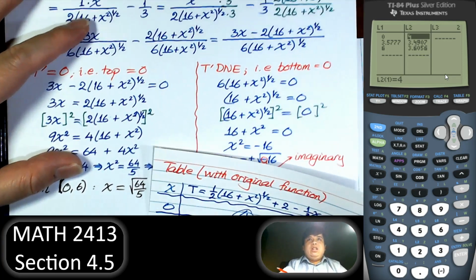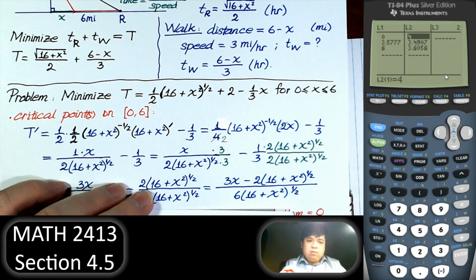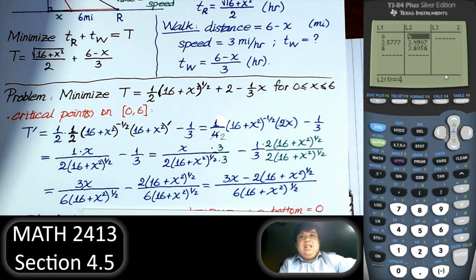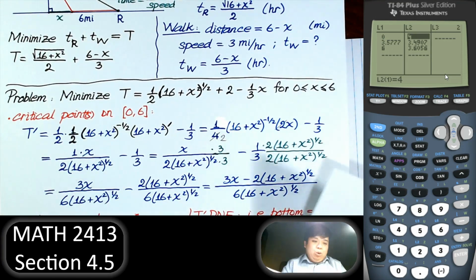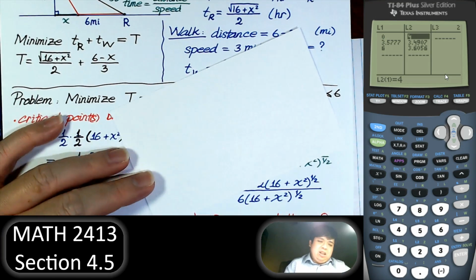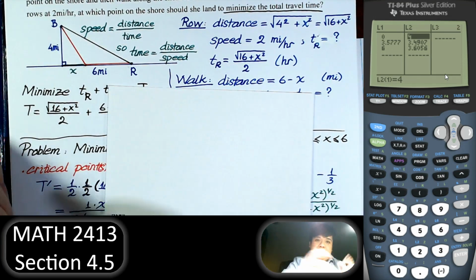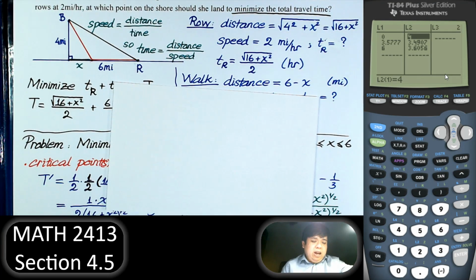Right, so I thought this is an interesting problem. Now, in real life there are quite a few things that we can do using kind of similar things here. Now, imagine that we're not talking about the boat and then rowing and walking.